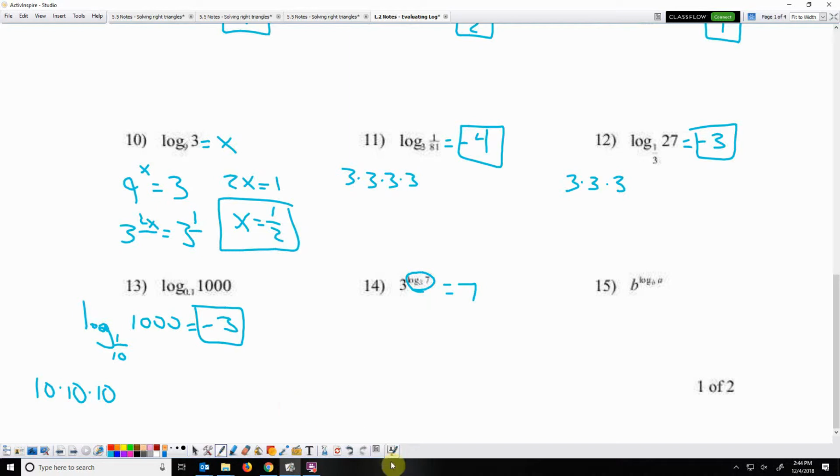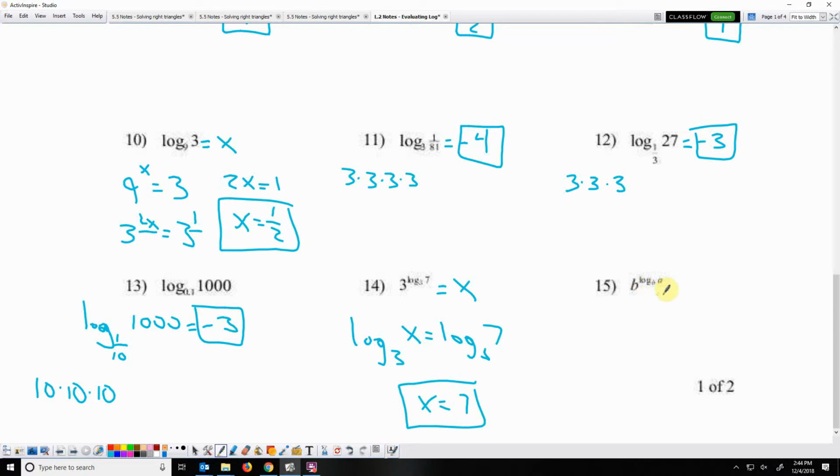Or, if we want, we could set that equal to x and make this a logarithm. Log base 3 of x equals log base 3 of 7. Same base, same argument. x equals 7.